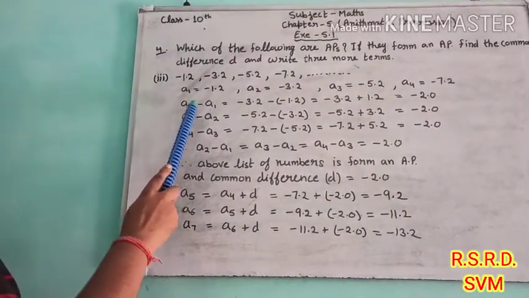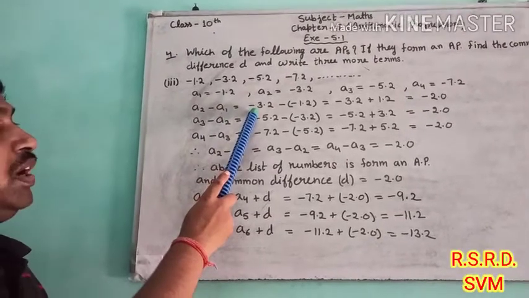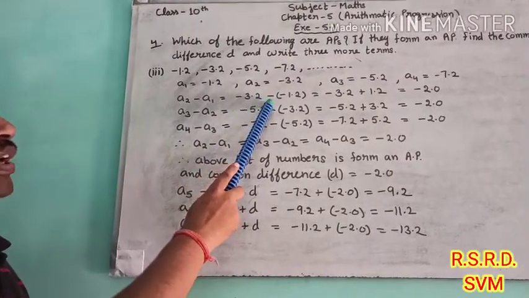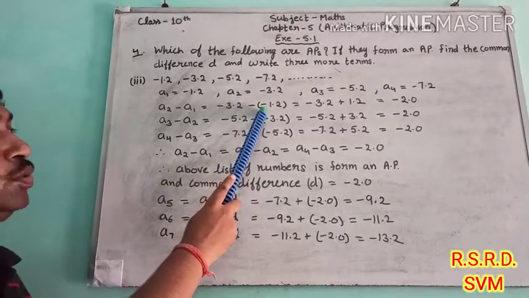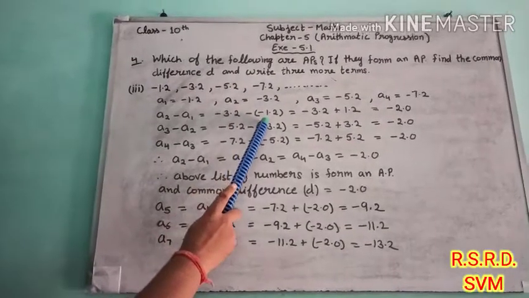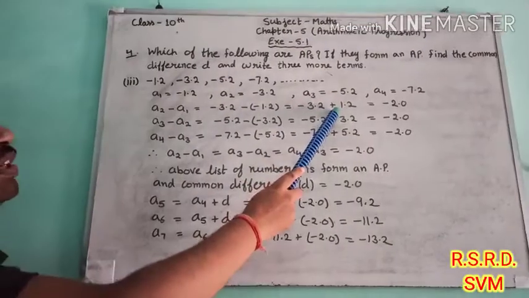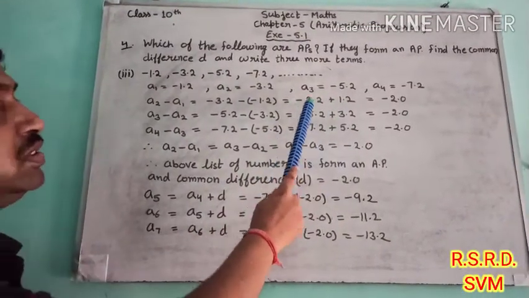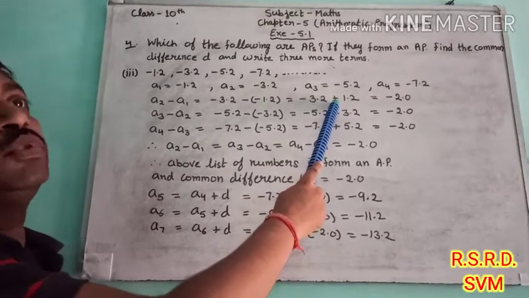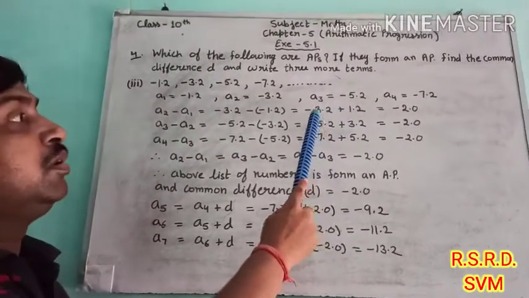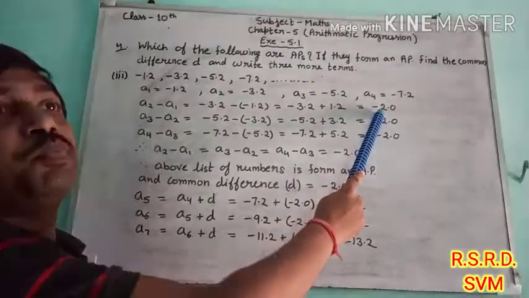So second term minus first term equal to minus 3.2 minus minus 1.2. Minus minus becomes plus. So we get minus 3.2 plus 1.2. Since the signs are opposite, we have to subtract these terms. We get minus 2.0.